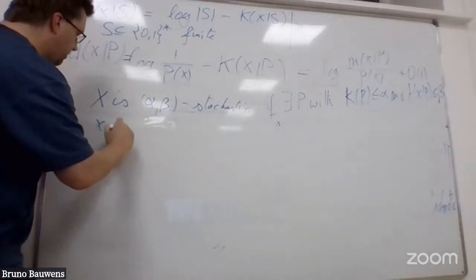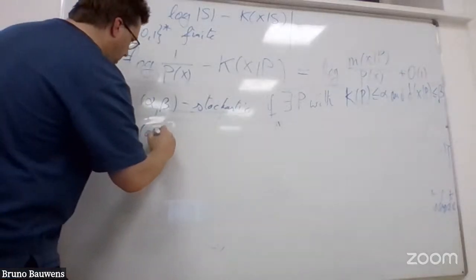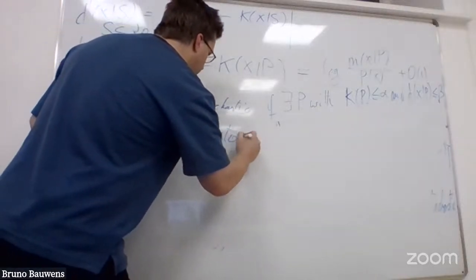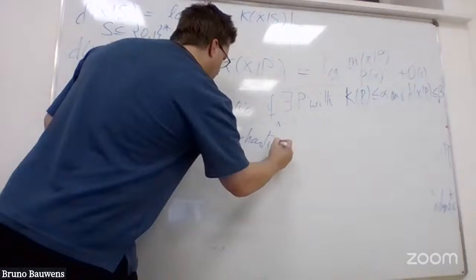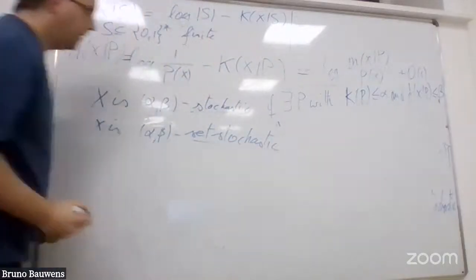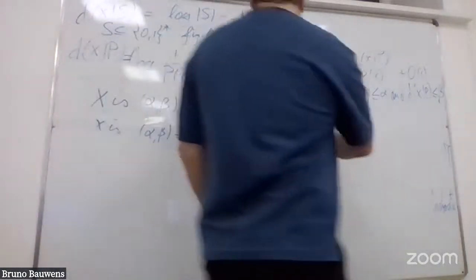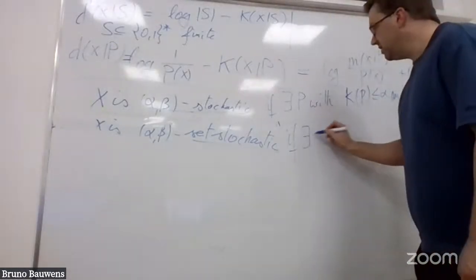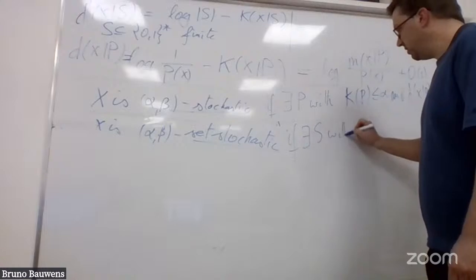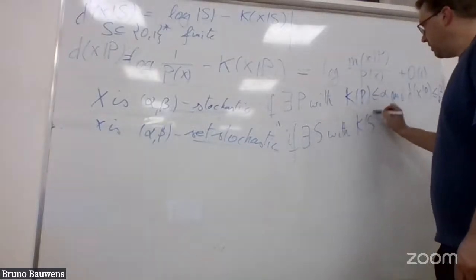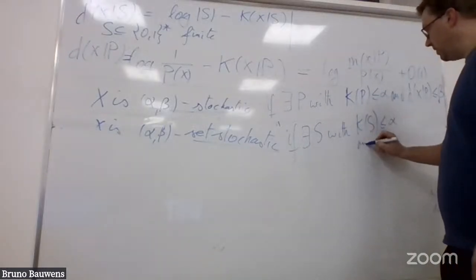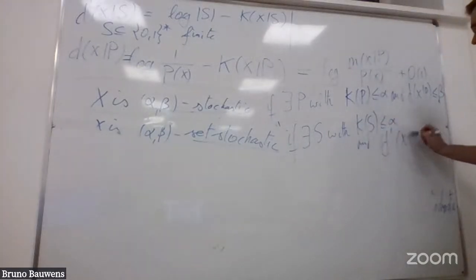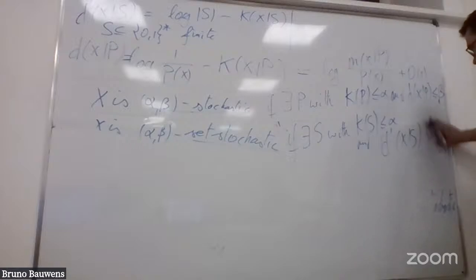Say that X is alpha-beta set stochastic if there exists a set S with the size of S smaller than alpha, and D prime of X given S smaller than beta.